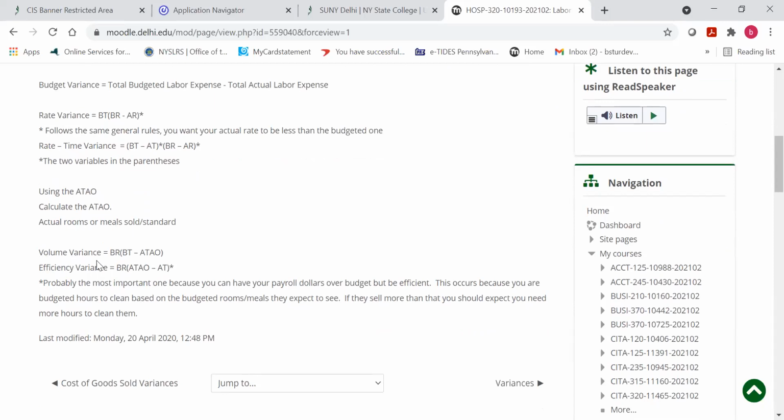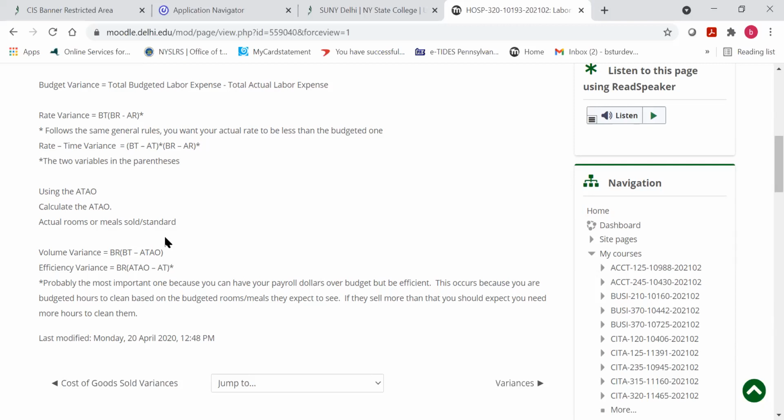Volume variance is going to be a little different. Budgeted time, budgeted hours, that you are allotted, but you're going to subtract your ATAO after you find it. So this is the time you should have spent, or the time you were budgeted to spend.